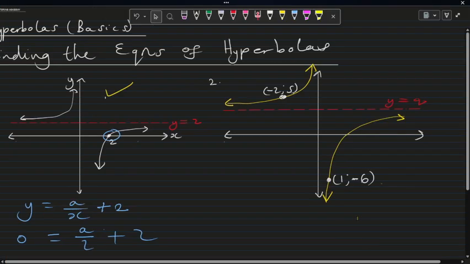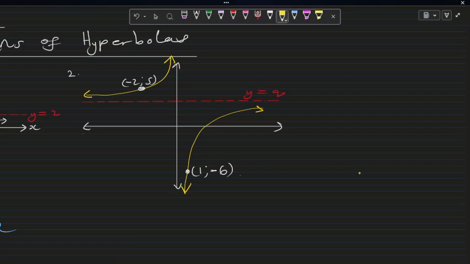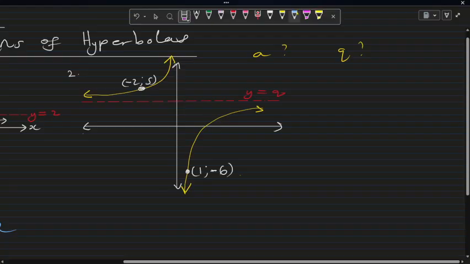Okay, now let's shift our attention to this graph. This is a very interesting scenario because we are not given the equation of the asymptote. So we have to find the value of a and we have to find the value of q. But we are given 2 points on our graph, so we can use those 2 points to determine these two values.